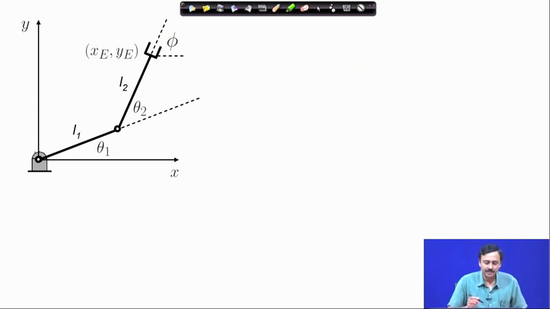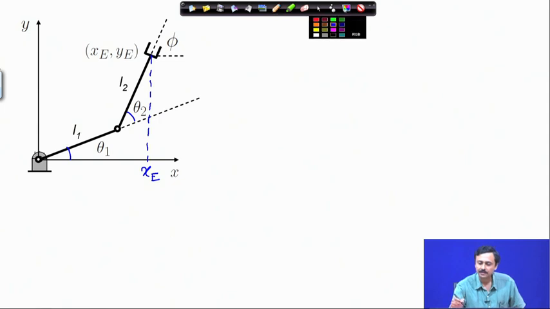So, here I have this axis, I have these angles defined, theta 1 and theta 2. Now, suppose I want to express the x coordinate of the end effector. So, this is the x coordinate of the end effector.